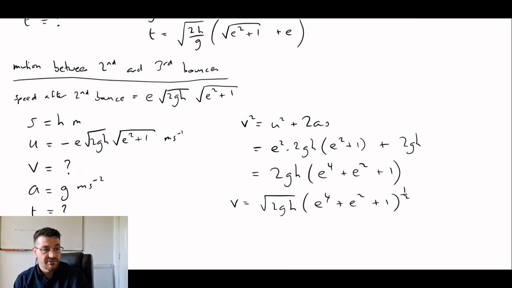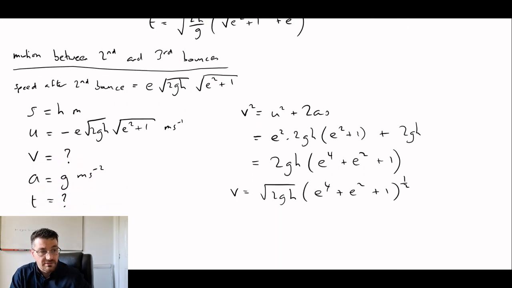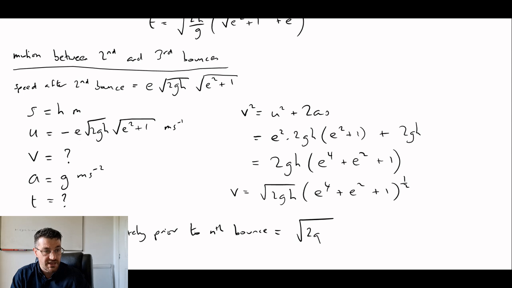What we're seeing here is that I think the speed immediately prior to the nth bounce is equal to the square root of 2gh times the sum, k equals 0 to n minus 1, of e to the power of 2k, all to the half.